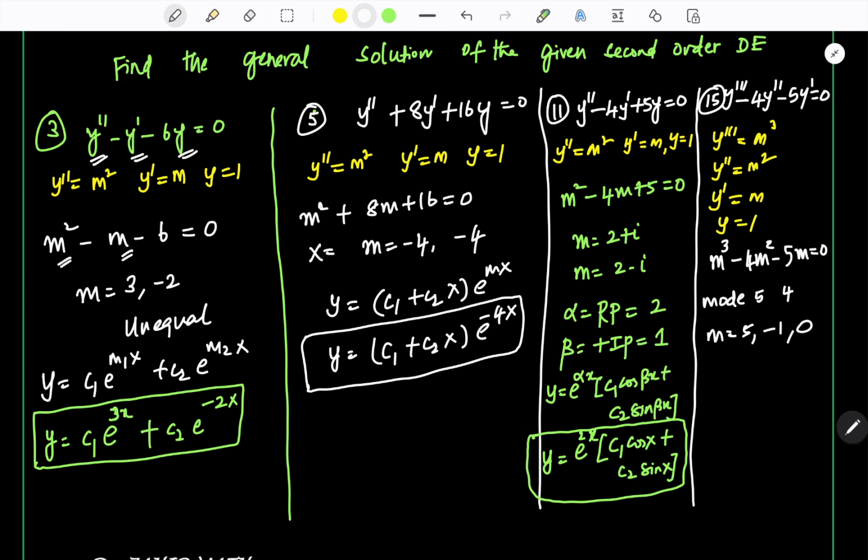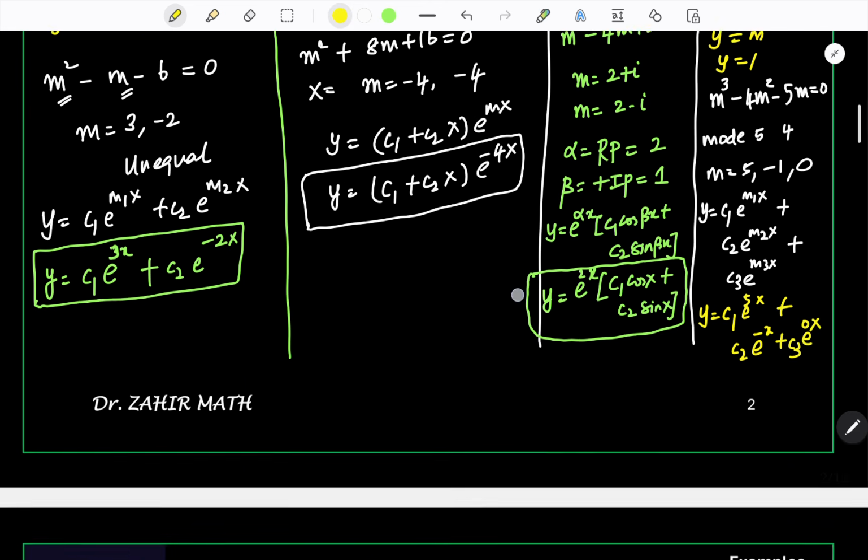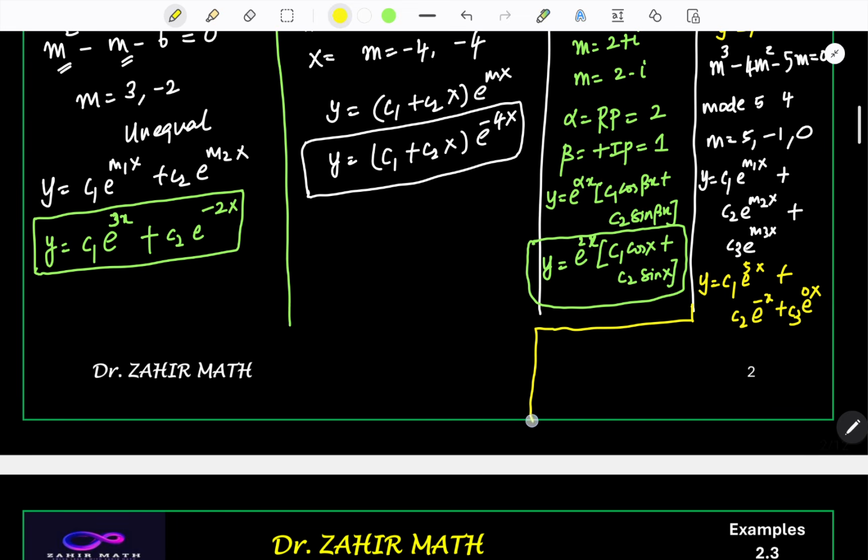So what happens now? You will get the answer y equals c1 e power m1x plus c2 e power m2x plus c3 e power m3x. Therefore y is equal to c1 e power 5x plus c2 e power minus x plus c3 e power 0x. e power 0x is what? 1.